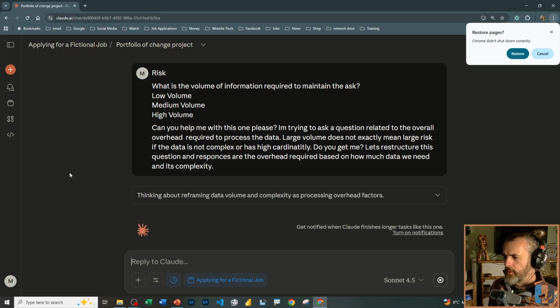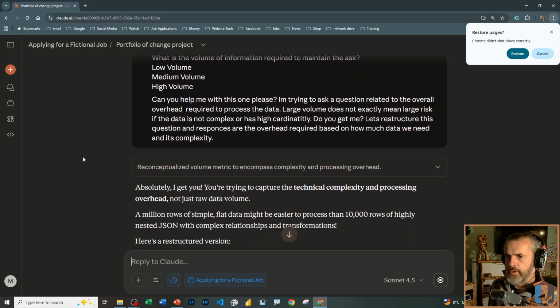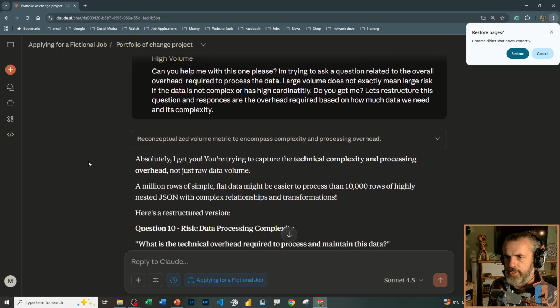Absolutely, I get you. You're trying to capture the technical complexity and processing overhead, not just the raw data volume. A billion rows of simple flat file data might be easier to process than 10,000 rows of highly nested JSON with complex relationships and transformations. True.